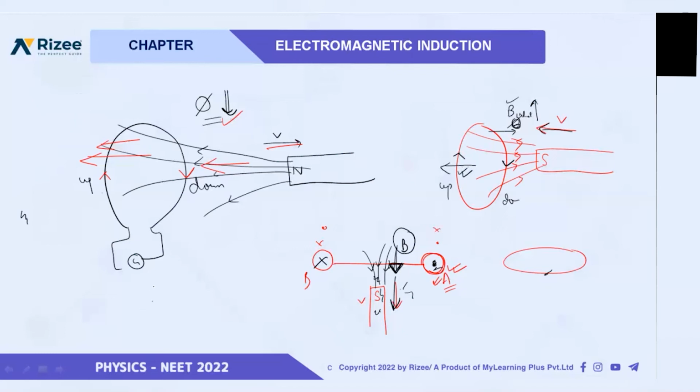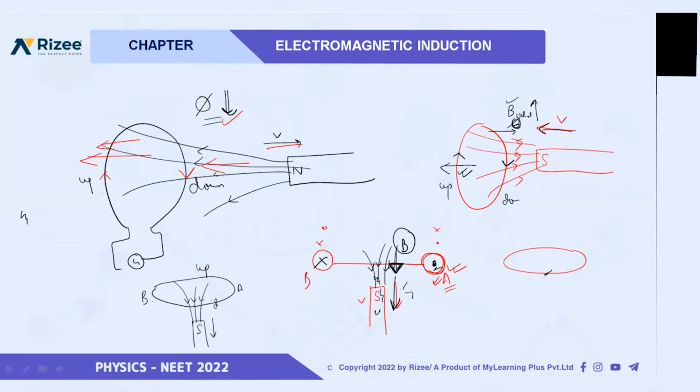You see, I take it like this. Suppose it was A, it was B, and suppose it is up and down. Now what will happen? I am telling that the south pole is going back. We know the south pole magnetic field is in this direction.